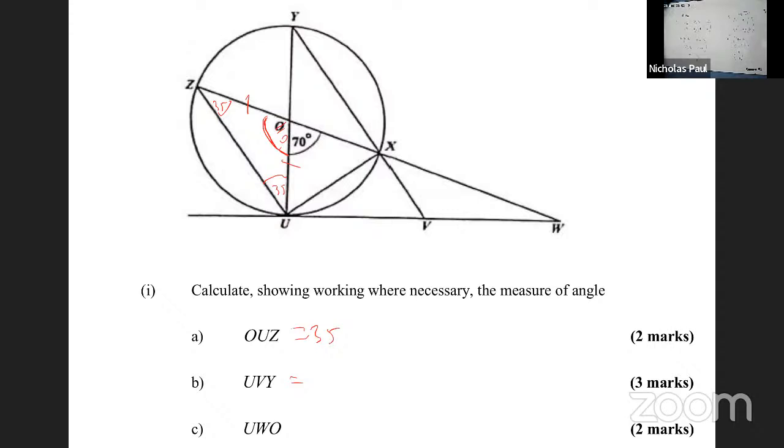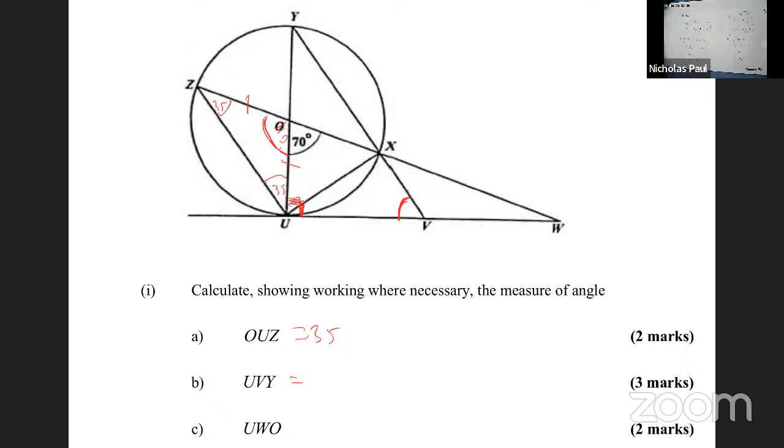UVY. Where is that? Right here. So how are we figuring out UVY? Well, first thing we could see is that YUV is 90 degrees. Y'all seeing that? YUV is 90. Very good.